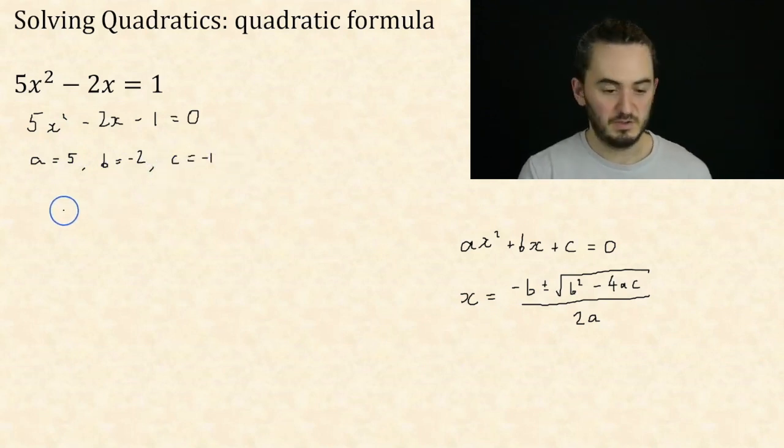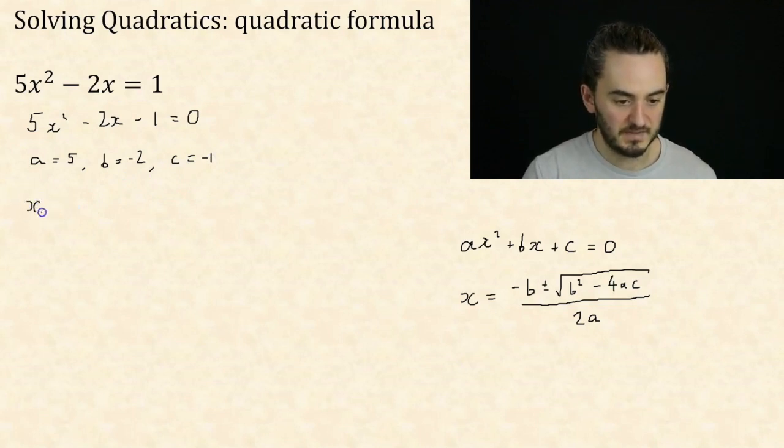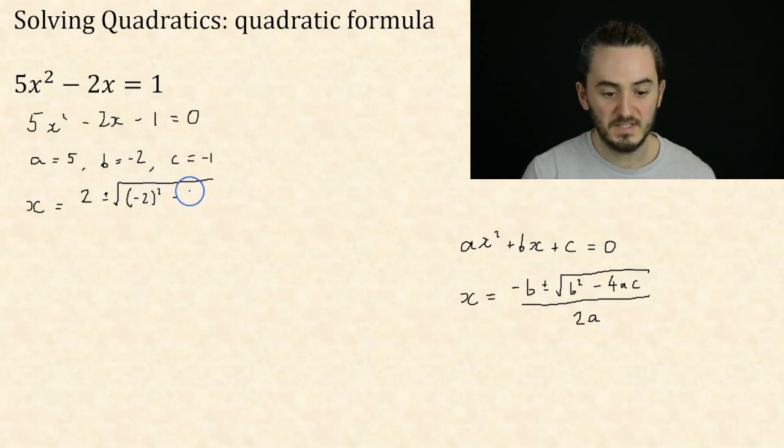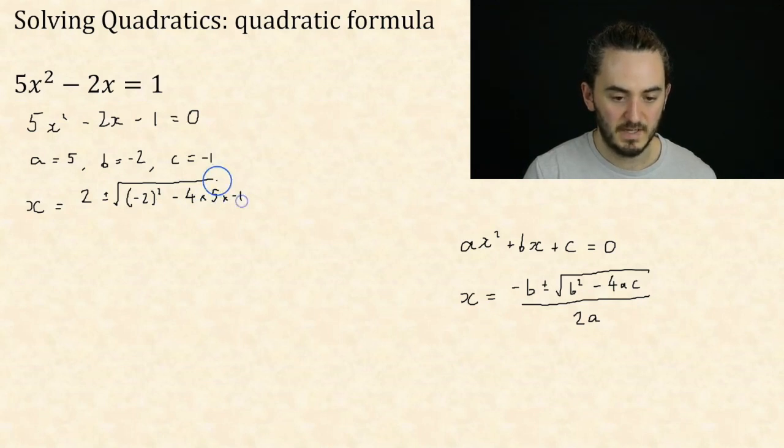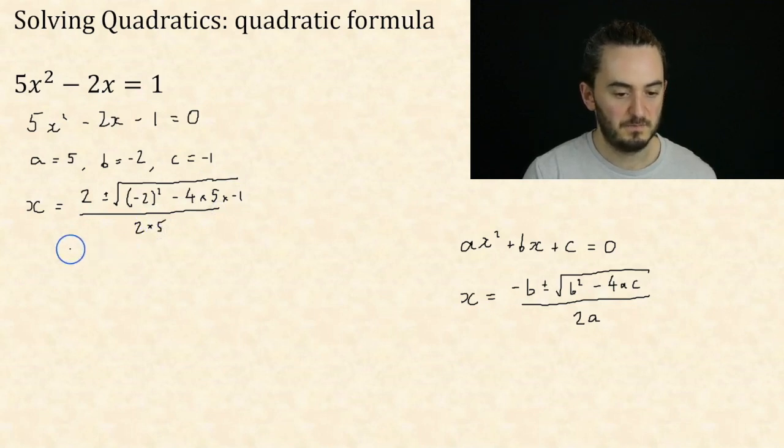Now if we use the quadratic formula, we get x equals negative b, so negative negative 2 is 2, plus or minus the square root of b squared, so negative 2 squared, minus 4ac, so minus 4 times 5 times negative 1, all over 2a, so all over 2 times 5.